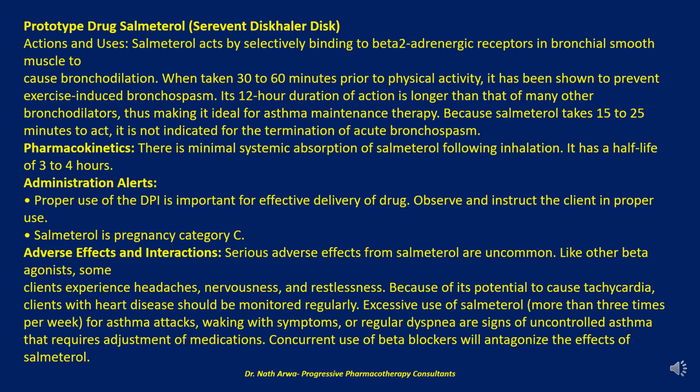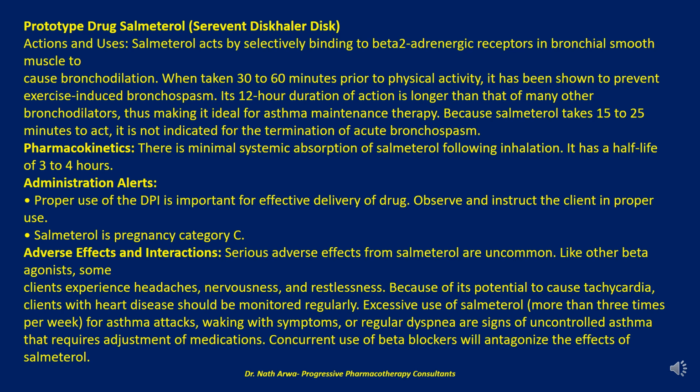Its 12-hour duration of action is longer than that of many other bronchodilators, thus making it ideal for asthma maintenance therapy. Because salmeterol takes 15 to 25 minutes to act, it is not indicated for the termination of acute bronchospasm.